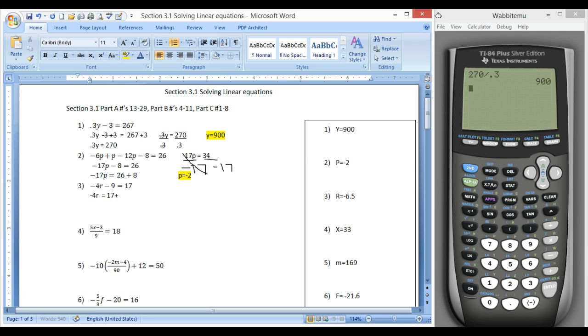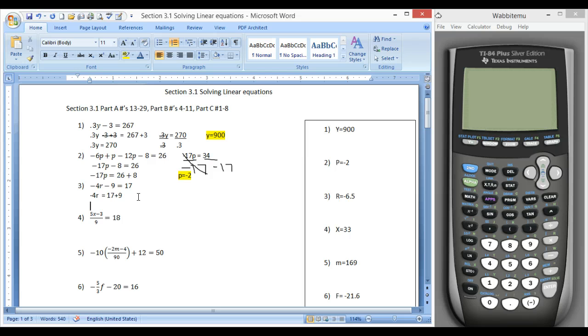So I get 17 plus 9. Oops. There we go. So my next step will be dividing by that negative 4. So I have negative 4r equals 17 plus 9 gives me 26.